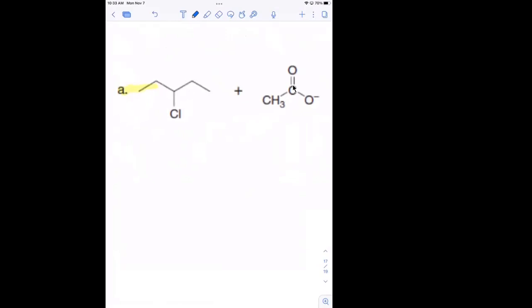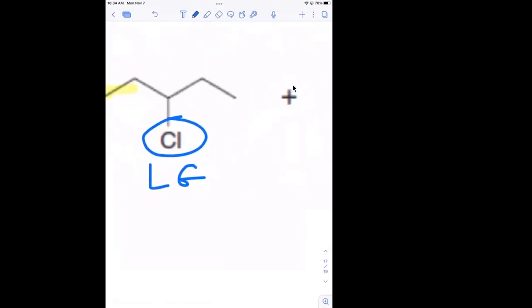Anybody? Where's the leaving group on here? The chlorine. Good. So I've identified my leaving group. It's a very good leaving group. If you go back and look at that list. All right, and then my substrate is what? Is that a secondary carbon?